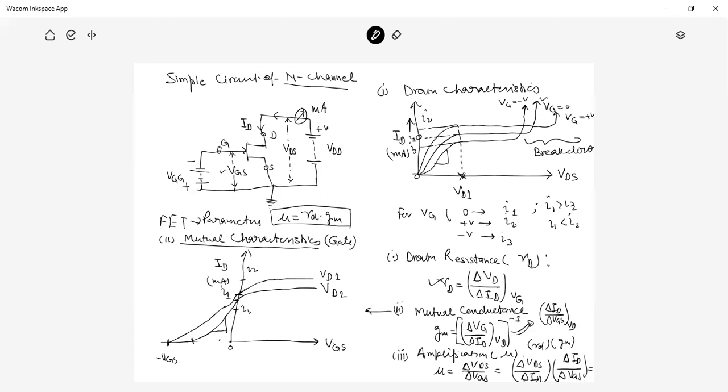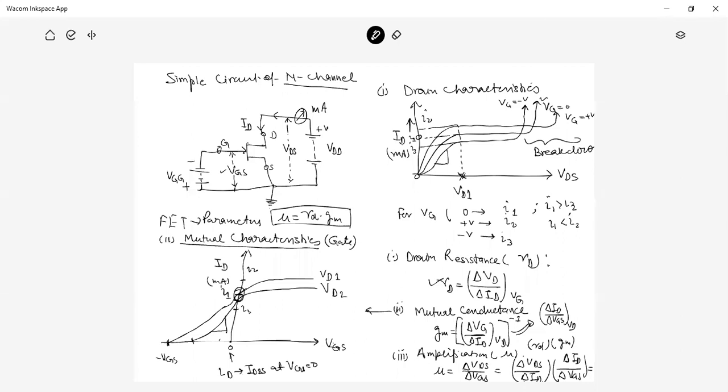Now we can have one interesting point: when VGS is 0, that particular drain current is known as IDSS.